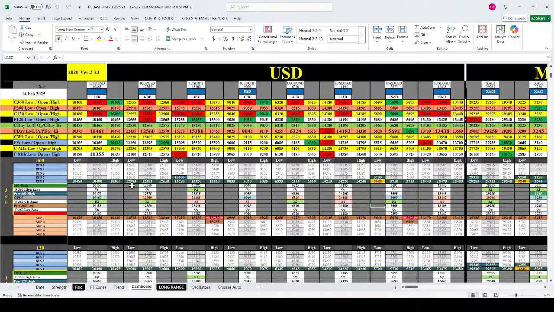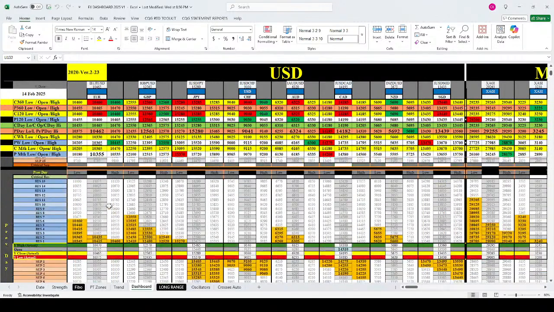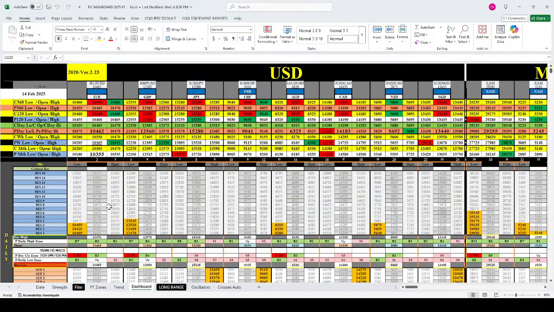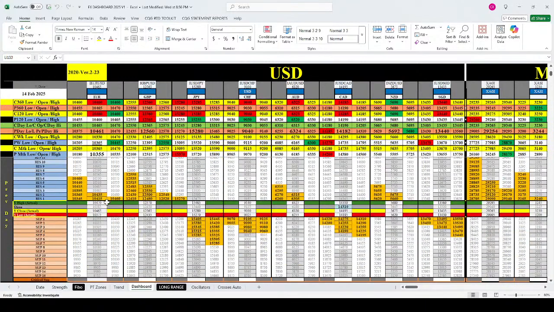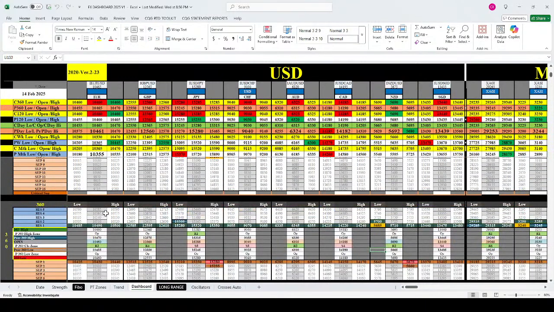Now the next thing is when we go into the dashboard. Right now this market is trading at 104.70, and what we feel is we should be trying to sell near 105.05 or 105.20. On the other hand, if we see the price breaking 104.20 and 104.05, we can confirm that the high is already seen.